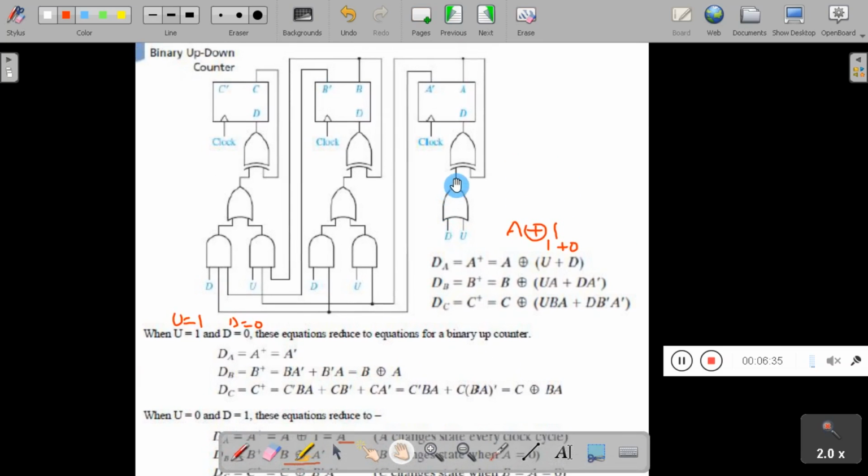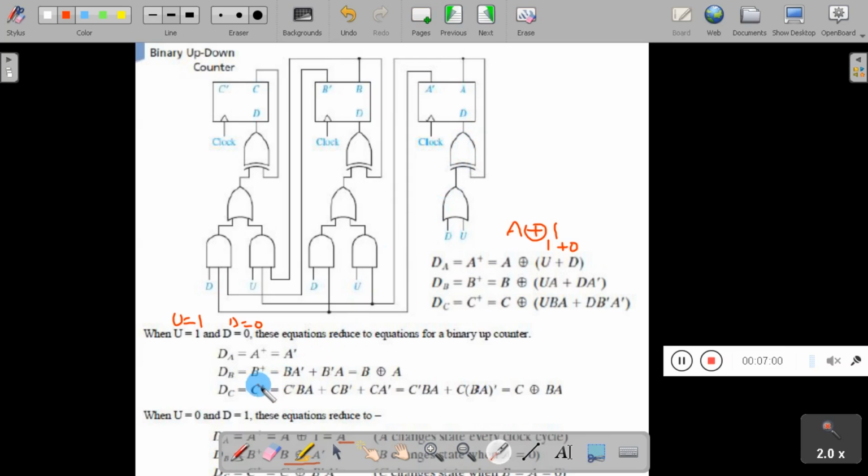So that is represented here by using an exclusive OR gate. A is connected as an input to the exclusive OR gate, and the other input to the exclusive OR gate is nothing but the OR combination of D and U. So based on the OR combination of D and U, the output of the exclusive OR gate is nothing but A bar.